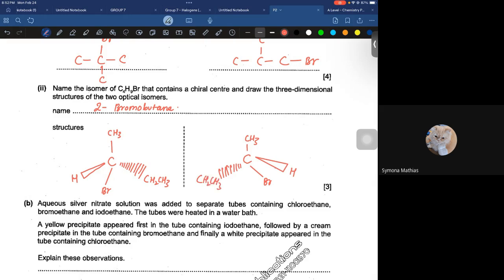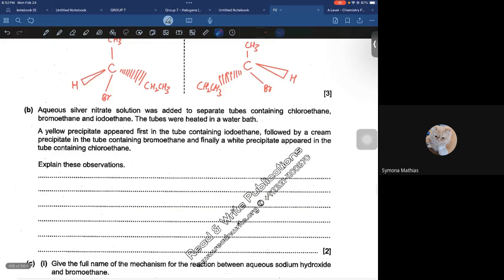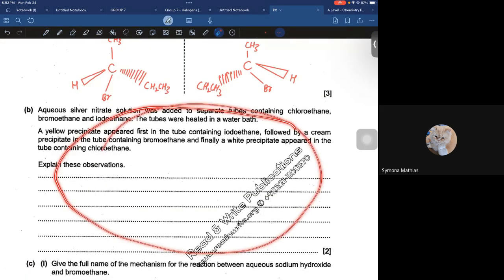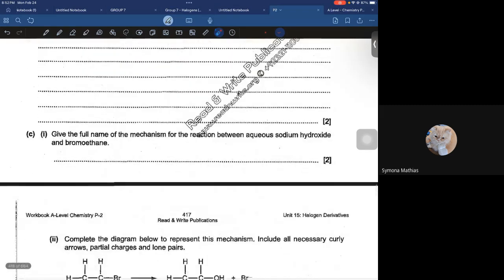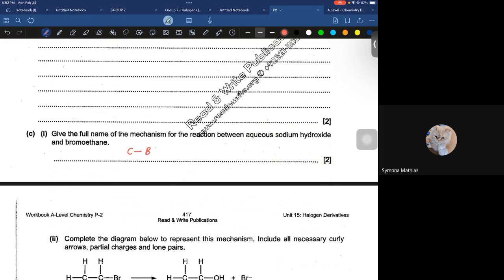So this is again related to the cream precipitate. It's very easy, I'm going to skip this question. Give the full name of the mechanism for the reaction between aqueous sodium hydroxide and bromoethane, 2 carbon atoms.